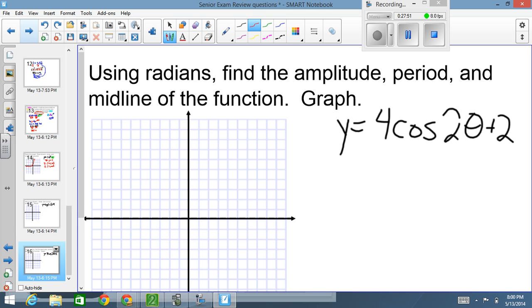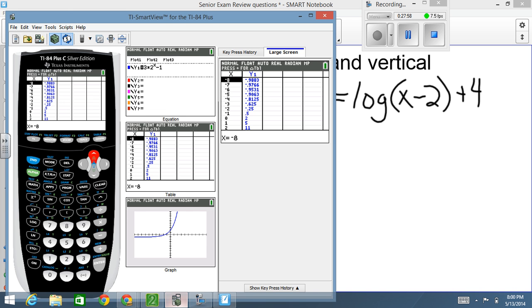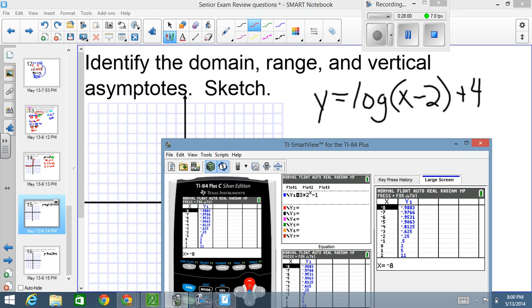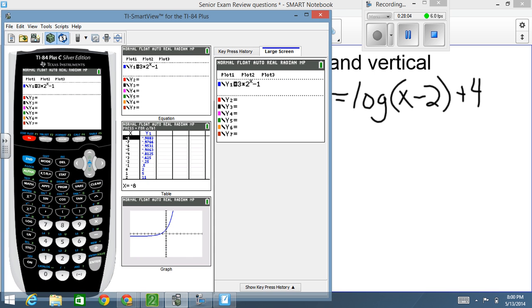Oh, and you know what? Let's see here. I'm going to grab my calculator again, go to my y equals, and clear this.